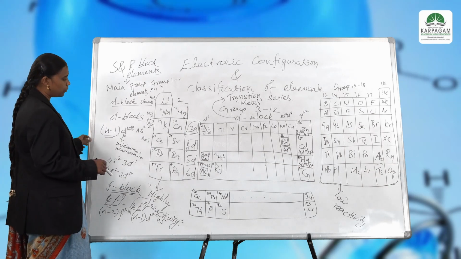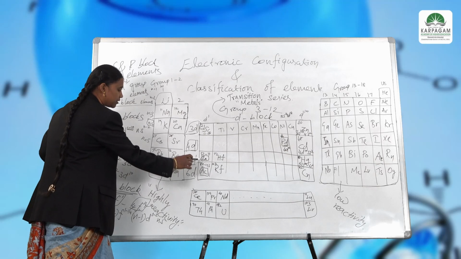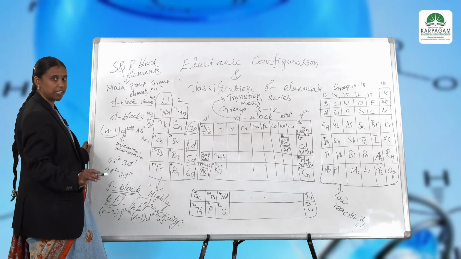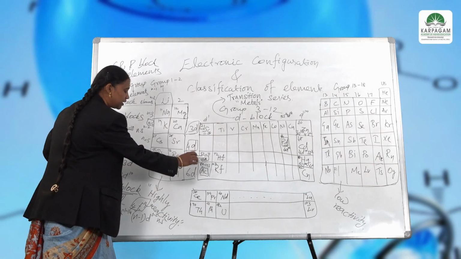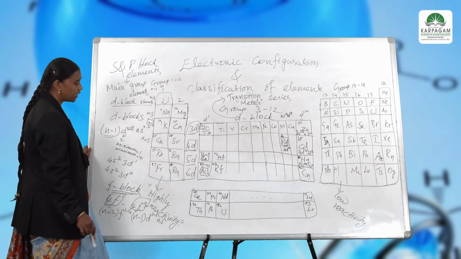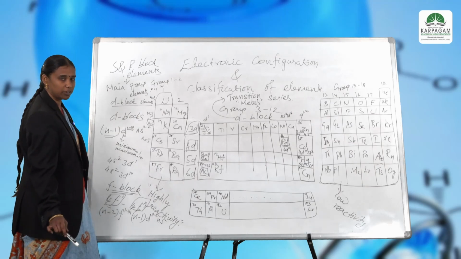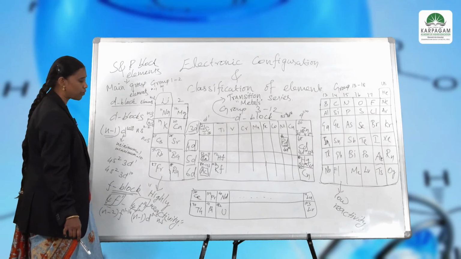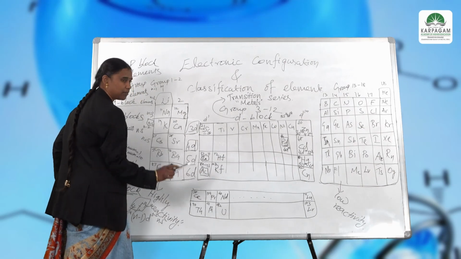Why are they placed in the same box? Because these 14 elements have similar properties. That's why they are placed in one box. And the actinides, these 14 elements also have similar chemical and physical properties, so they are kept in one box.